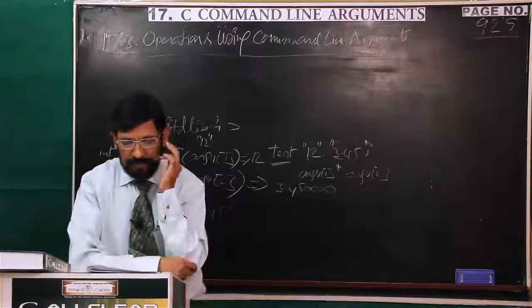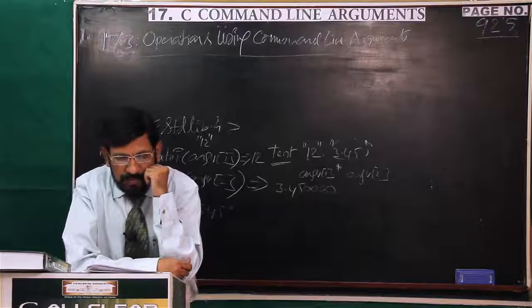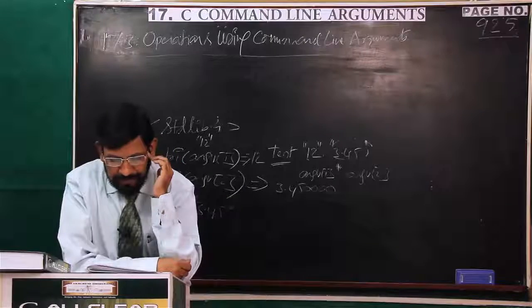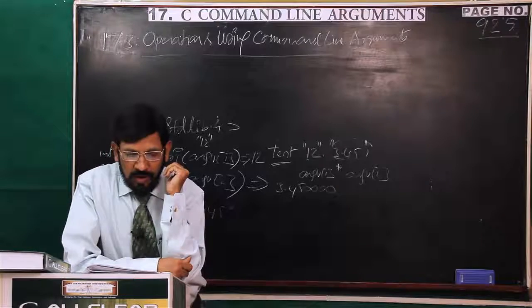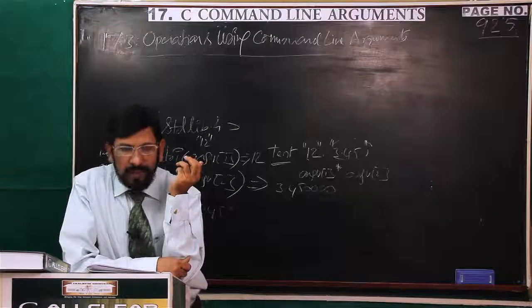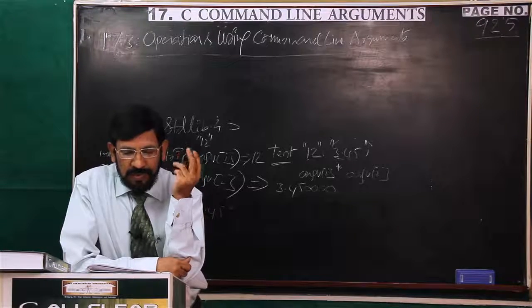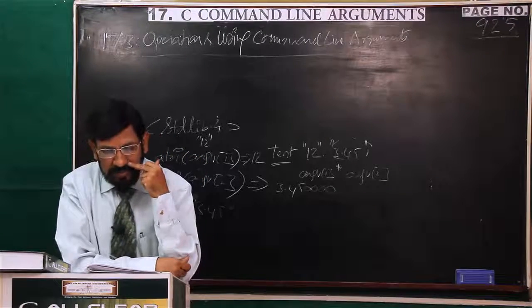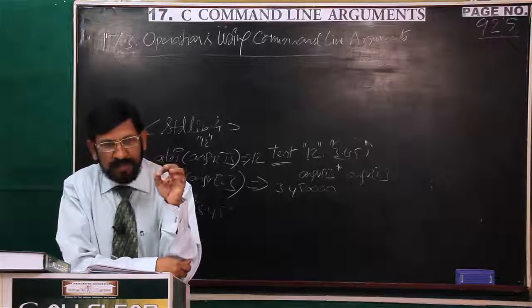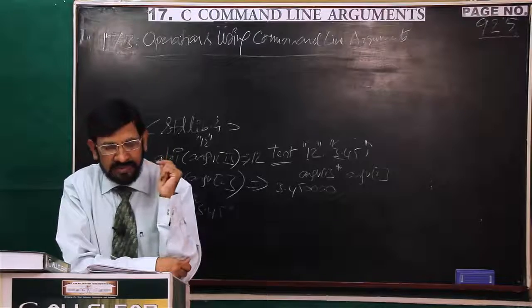Now you see, actually 17.3. Here you entered three arguments. The first one is the program name, then argv1, argv2, argv3, and you are displaying in the 12th line. You see, you are printing them as strings. That's why percent s you have used.